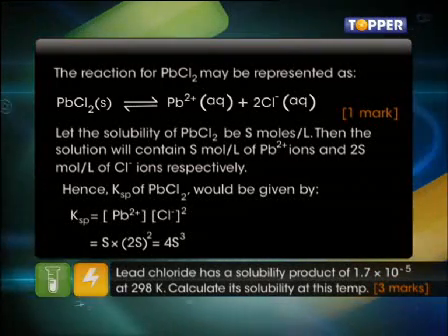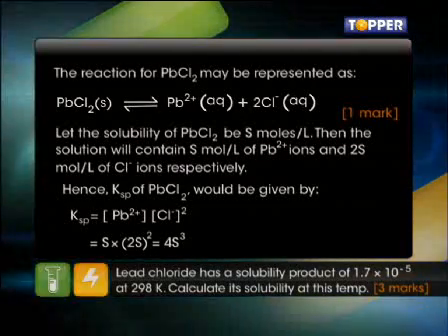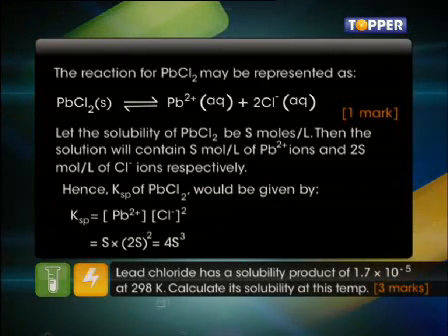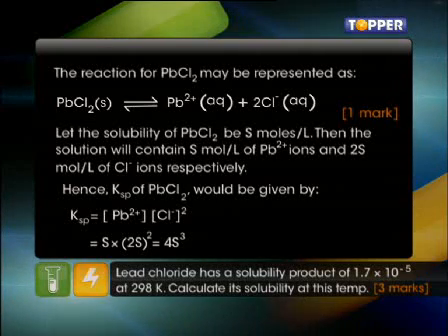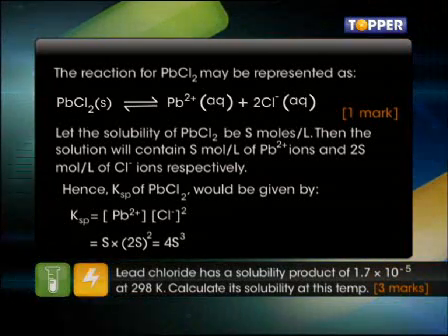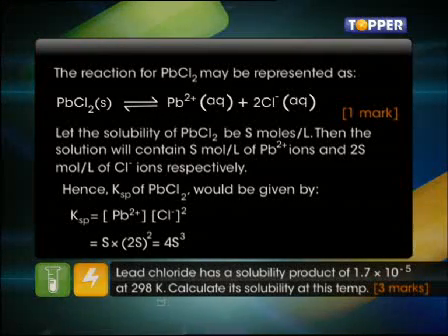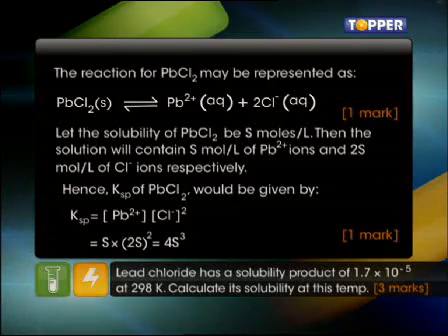Hence, the solubility product Ksp of PbCl2 would be given by the expression Ksp is equal to concentration of Pb2+ times concentration of Cl- squared, which is equal to S into (2S) squared, equal to 4S cubed. This statement will fetch you 1 more mark.